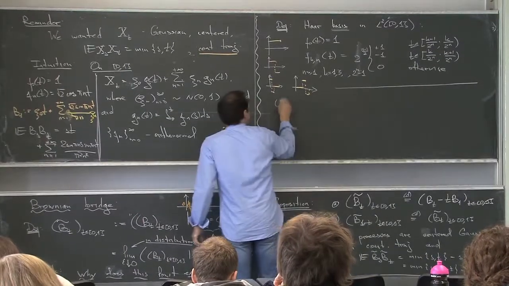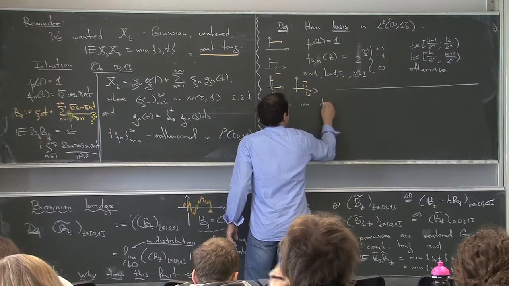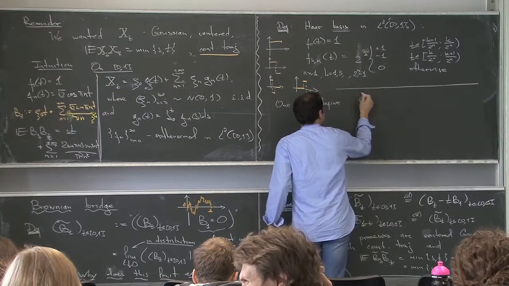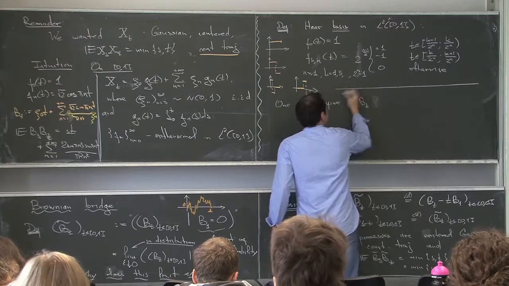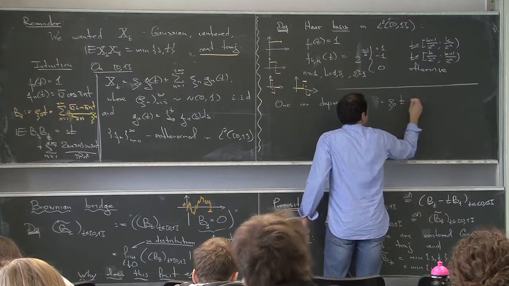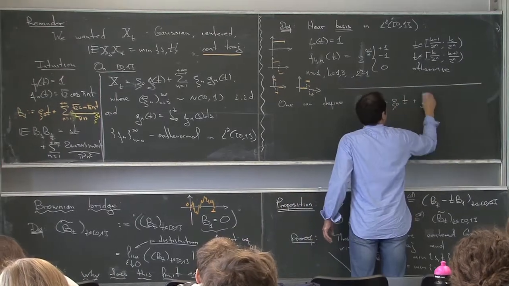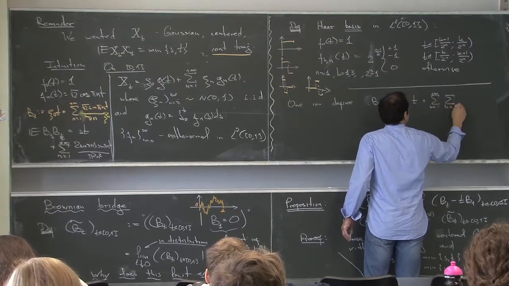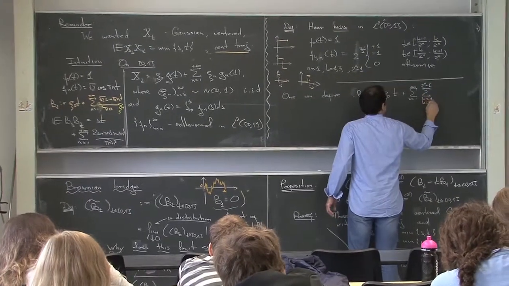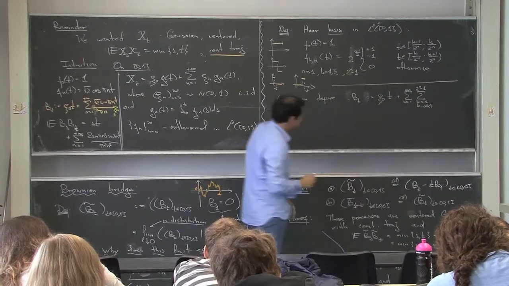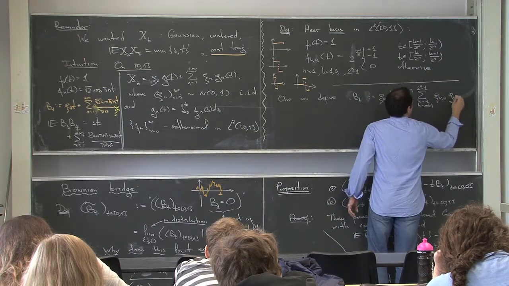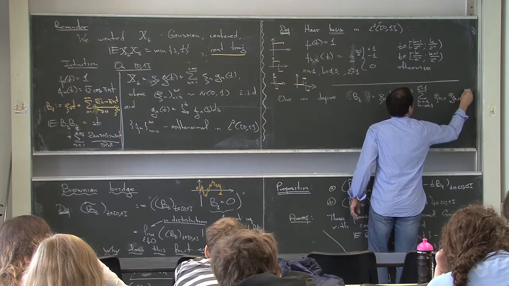So one can define B_t on 0, 1 using this basis, sum over k, n, and here let me write G_{k,n}(t).